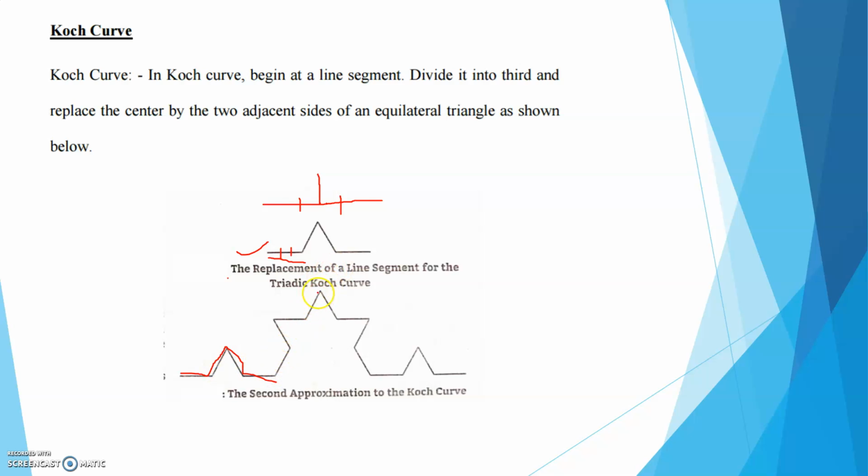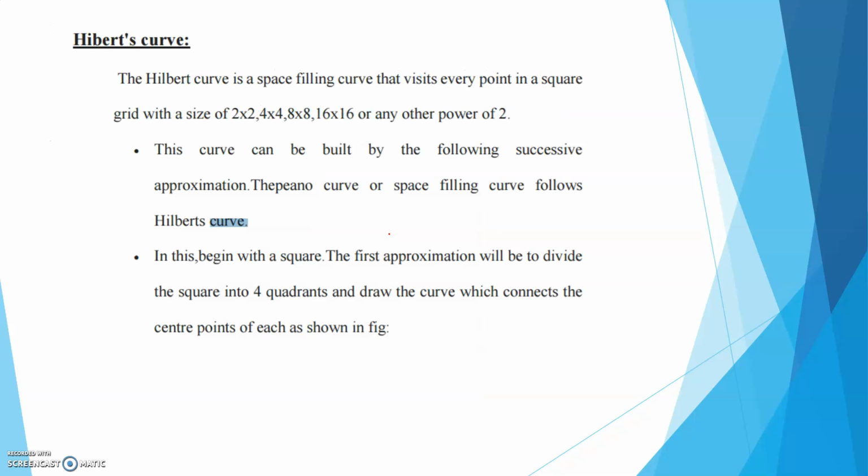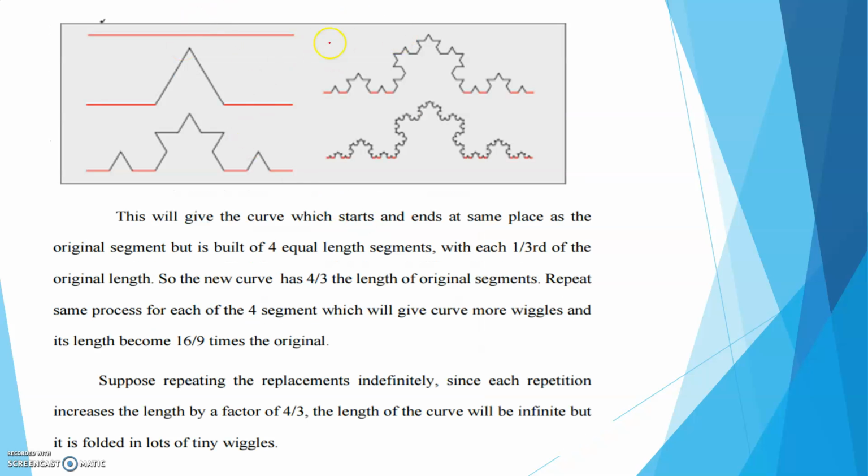Again this slanting line will be divided into 3 parts and the center one will be lifted up. Again this side will be divided into 3 parts and the center will be lifted up. Again this sloping line will be divided into 3 parts and the center one will be lifted. Then you can see the representation of the Koch curve.